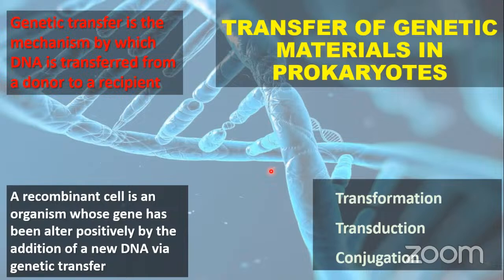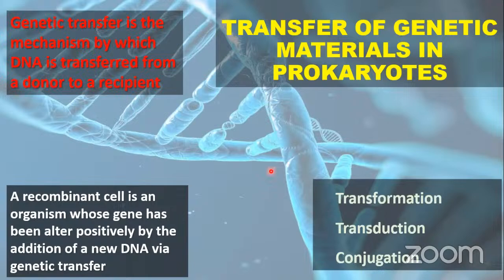And when the recipient cell acquires this plasmid, it is said to be newly incorporated DNA. This process is the most common form of genetic transfer occurring in the microbial world.